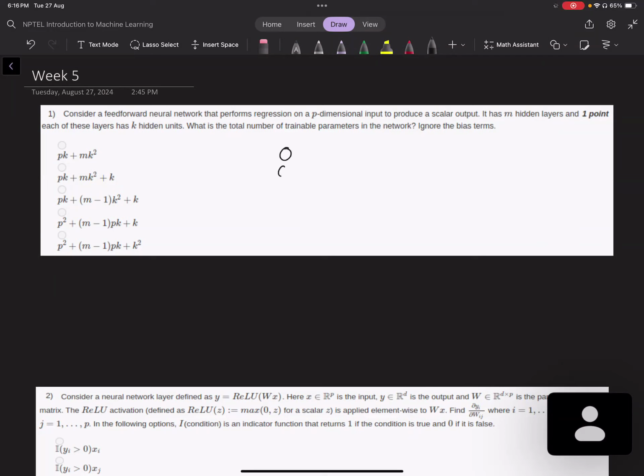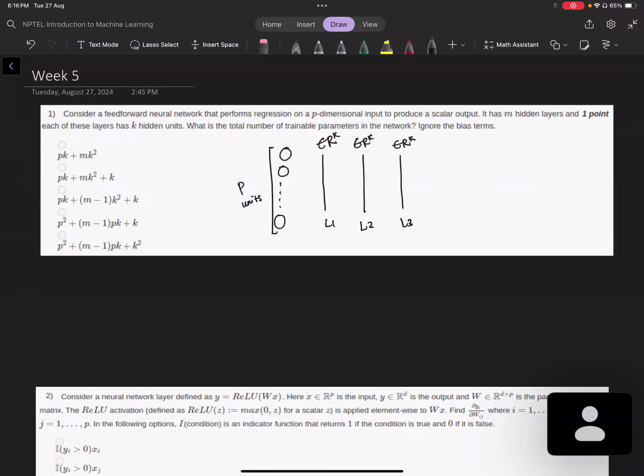So let's say this is p units, and there are m hidden layers: layer 1, layer 2, layer 3, like that. M hidden layers, and each layer has k hidden units.